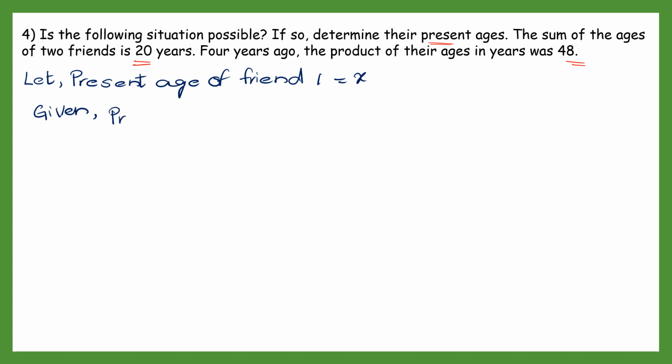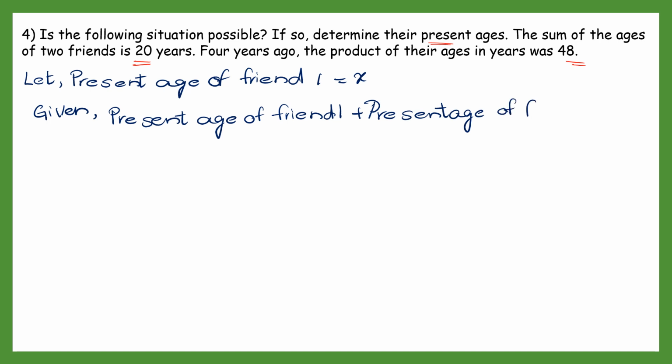So given present age of friend 1 plus present age of friend 2, they have given it as 20 years. That is equal to 20.